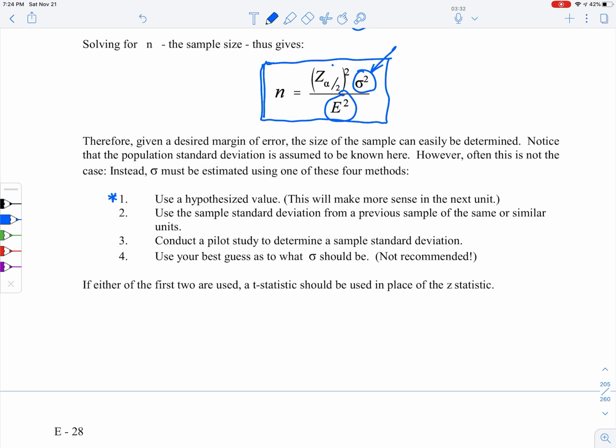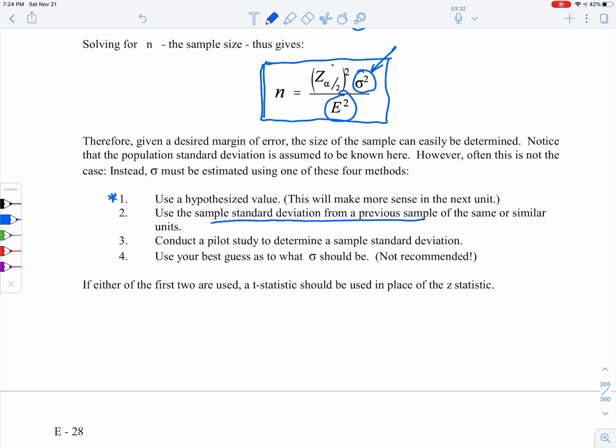This will make sense in the next unit a lot more. So if you have a hypothesized value of what sigma is, then you would use that. The second thing here is to use a sample standard deviation from a previous sample of the same or similar units. So if a study was done before, let's say it was a past study that was done, then you would use that particular standard deviation.